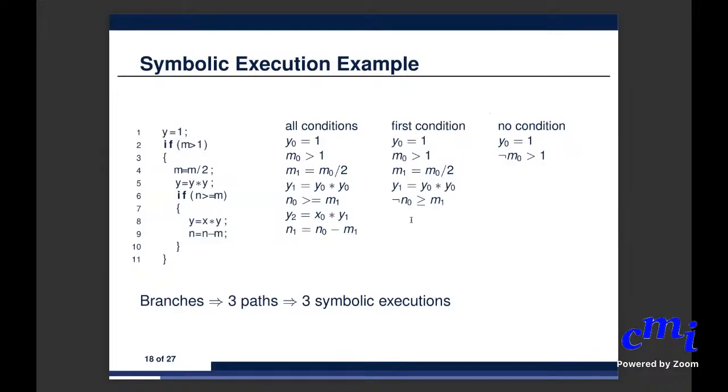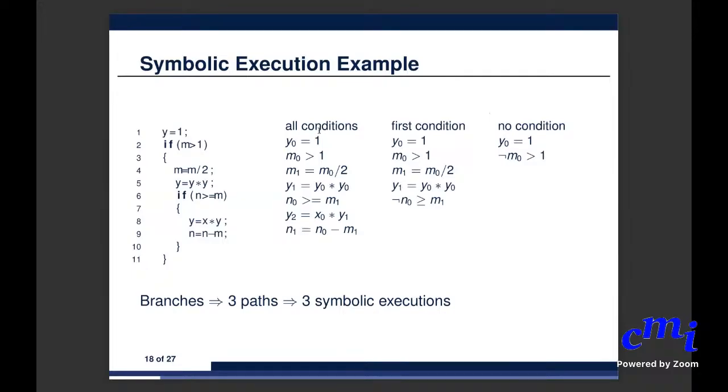Now, why do I call these symbolic paths? Because notice that each of them represents a set of actual execution runs, since the initial values of m and n here are not specified. It could be anything.